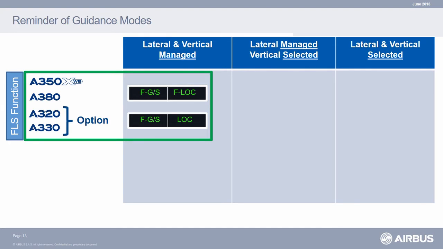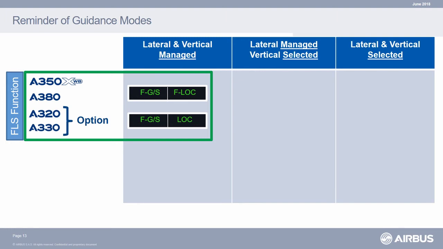It has also the very big advantage to have the temperature compensation integrated. The associated modes that you will have on the FMA are FLOC, F-glide slope, or LOC, F-glide slope, meaning that you can fly a localizer-only approach with a full managed guidance using the FMS virtual beam for the vertical path. So LOC, F-glide slope mode.